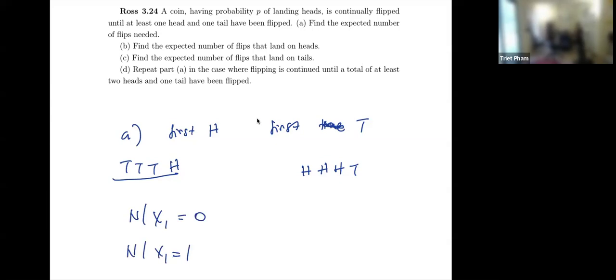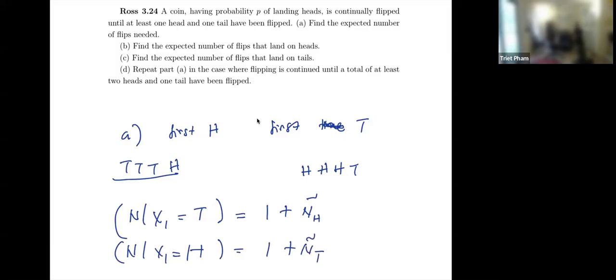If the first toss is a tail, then it will be 1, because you already have a tail here, and you will look for the time to the first head. But if the first toss is a head, there'll be a 1 and a time to a first tail.